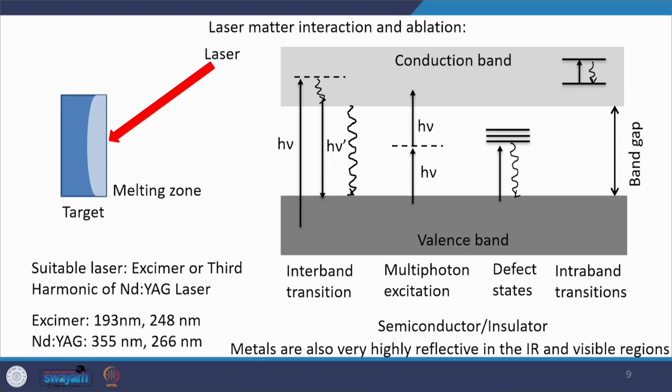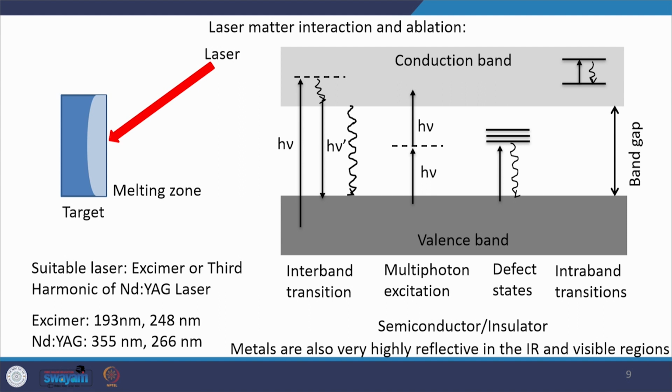Then there can be non-radiative relaxation through phonon generation, by which it comes down to another level inside the conduction band, and from there it de-excites to the valence band. So the emission wavelength will be higher than the absorbed wavelength.